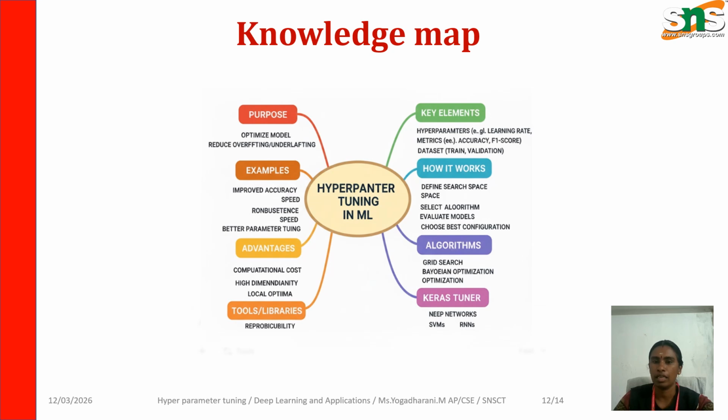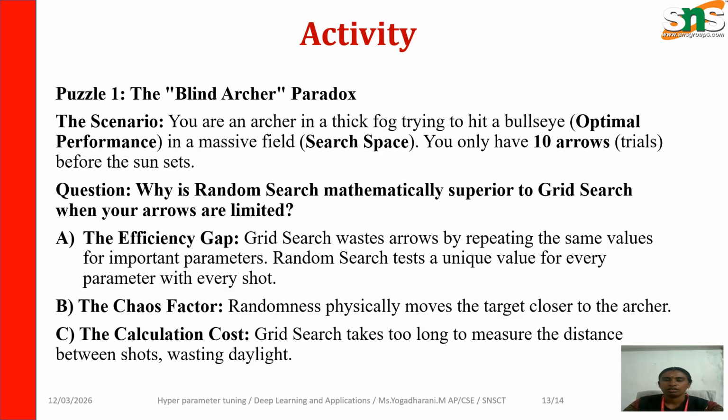Key elements are hyperparameters and metrics such as accuracy, F1 score, and ROC curves. The main algorithms are grid search and random search, and we use Keras Tuner to solve the code. This is the small activity in a classroom session.